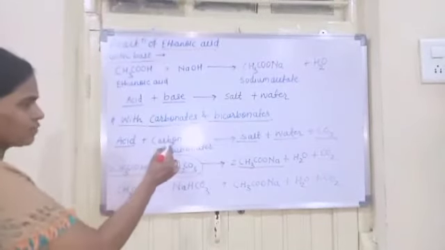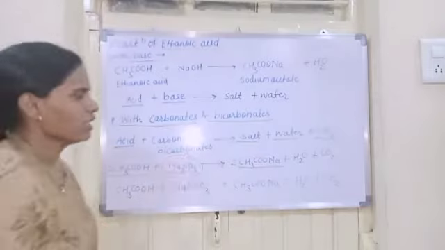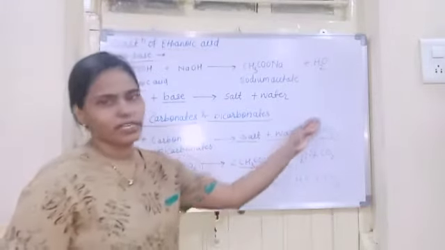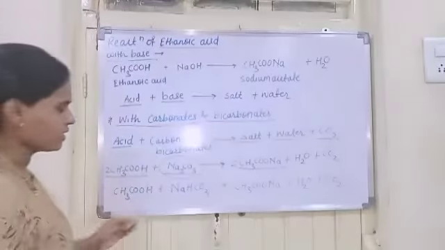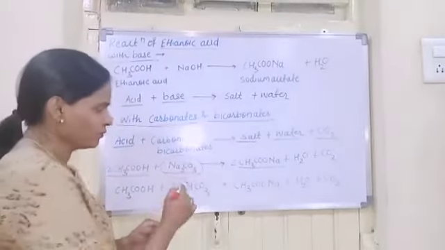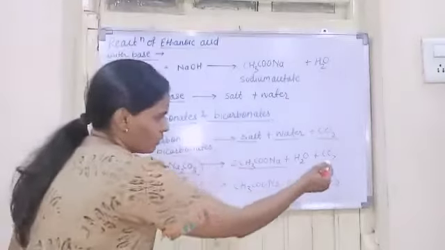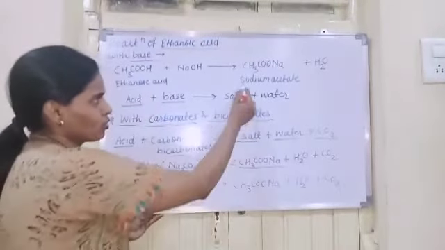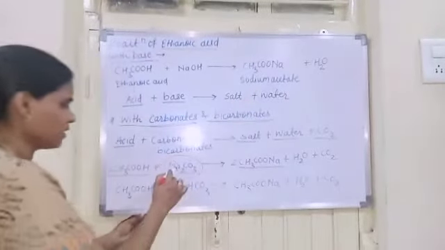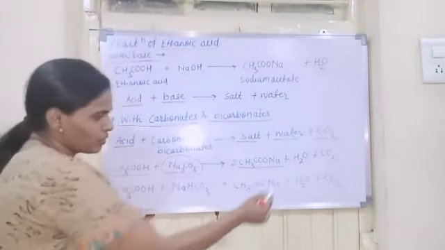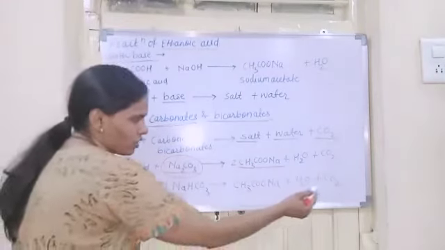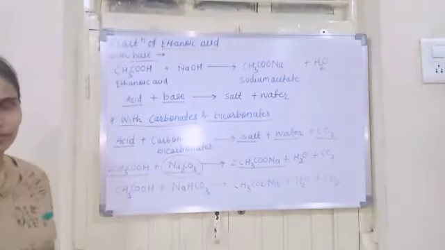When acid reacts with carbonates or bicarbonates, it gives three products, salt, water and carbon dioxide. Example, when ethanoic acid is treated with sodium carbonate, it gives salt, water and carbon dioxide, and here the salt is sodium acetate. If we replace the sodium carbonate by sodium bicarbonate, again we get the same products, that is sodium acetate, water and carbon dioxide. Understood this?